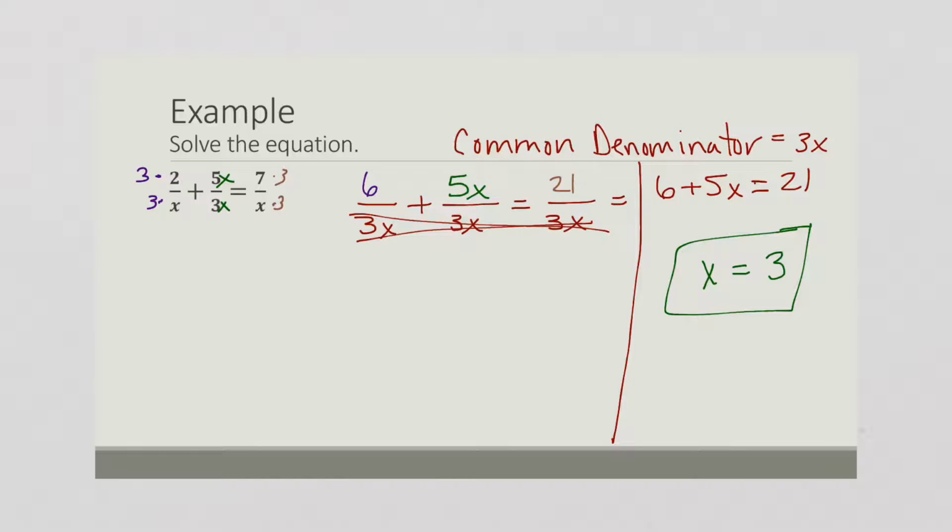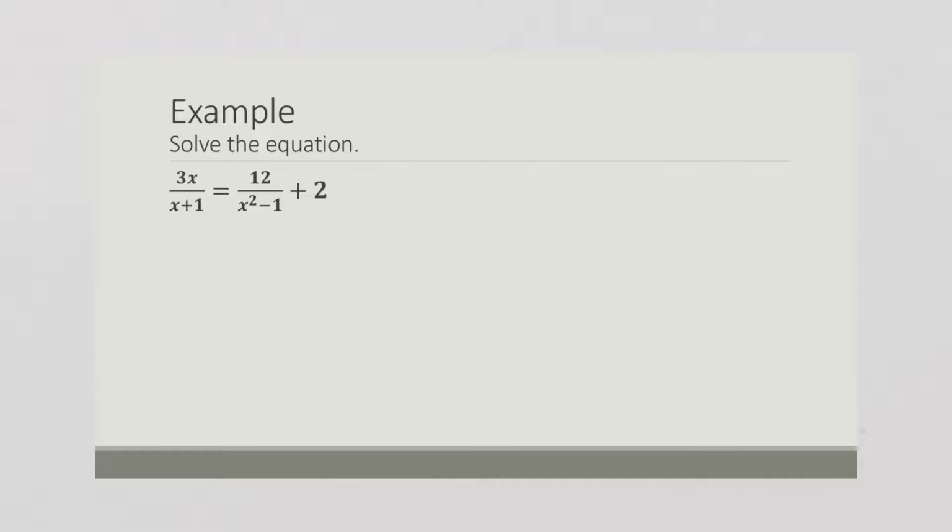Let's try another one. Here, I have to think about what's happening with my equations and look at factors. X squared minus 1 is factorable. It's going to factor into x plus 1 times x minus 1. And you did this in the last section when you were simplifying these expressions. So my common denominator in this case is x squared minus 1, or x plus 1 times x minus 1.